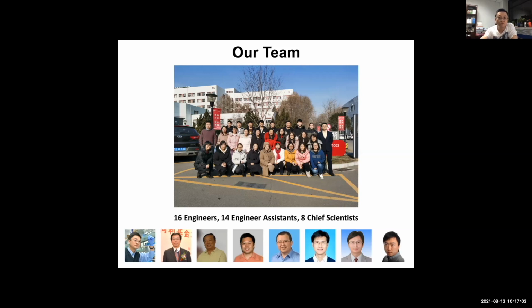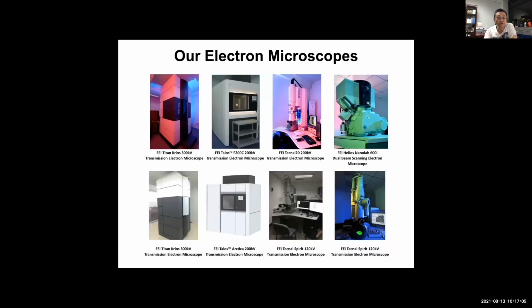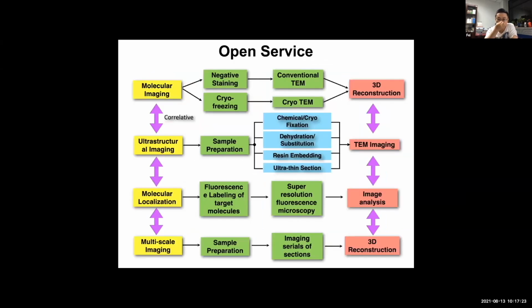For electron microscopes, we have a couple of transmission microscopes from low end to high end cryo-EM microscopes, as well as scanning electron microscopes. And we provide open services to our users in the Beijing area, or also in China.